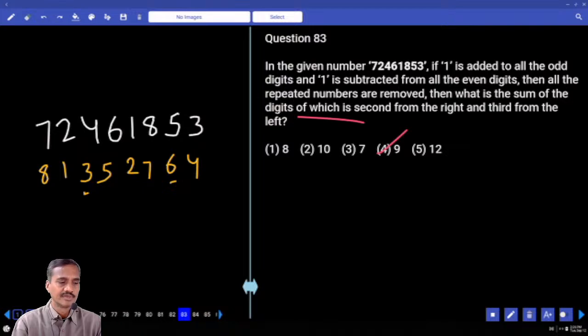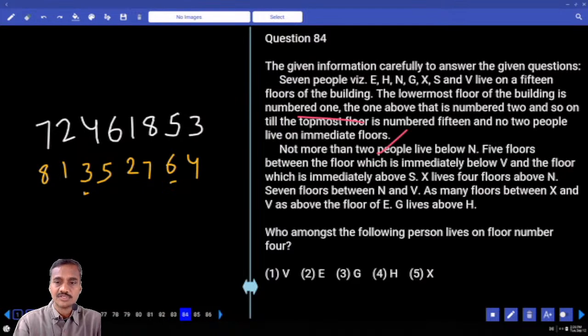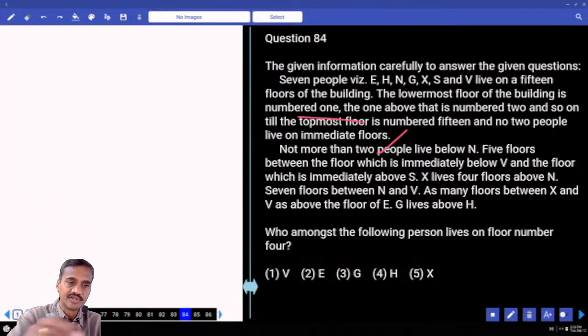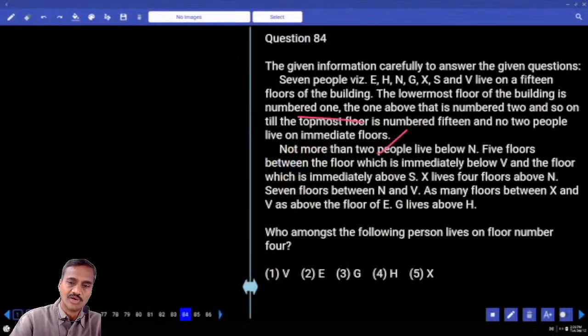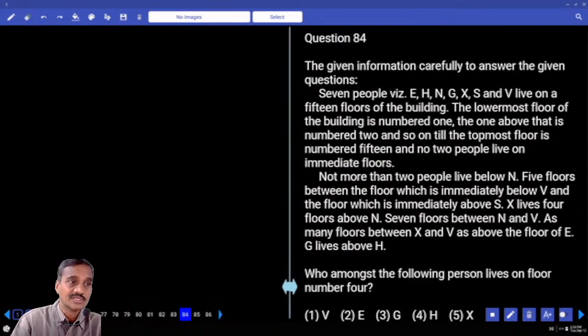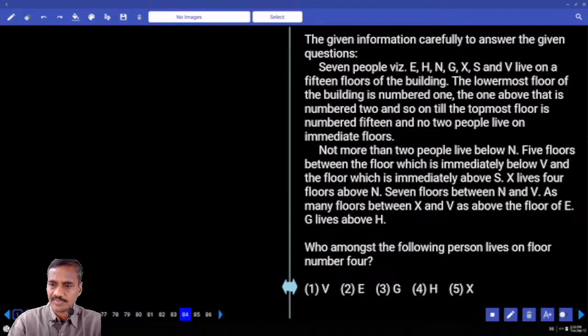And next one, 84 onwards. Now 7 people were there and they are living on 15 different floors. Now altogether how many are there? 15 floors and out of which only 7 persons are staying. And at the same time no 2 people live on immediate floors.